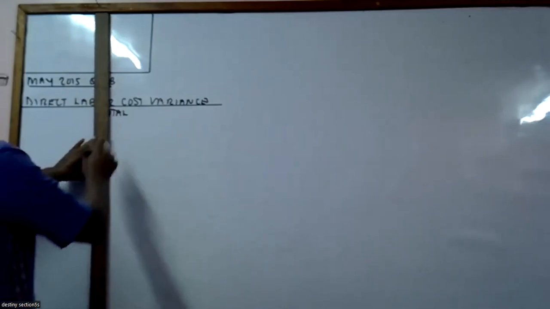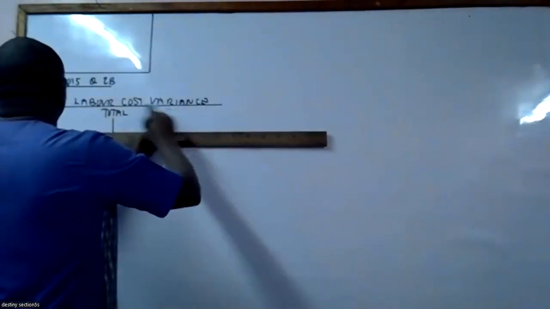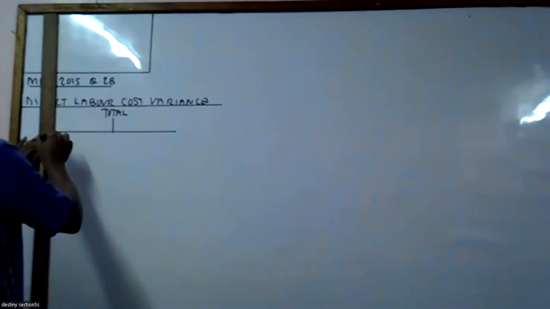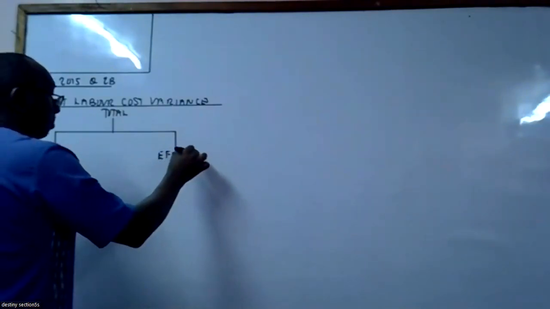Now, this one starts with the total. The total is divided into two, where we have rates, and then here we have efficiency.